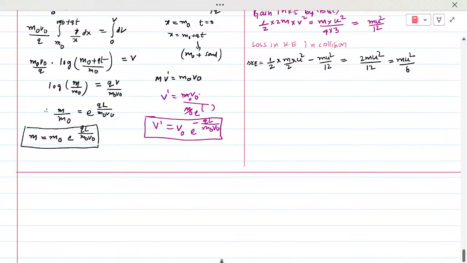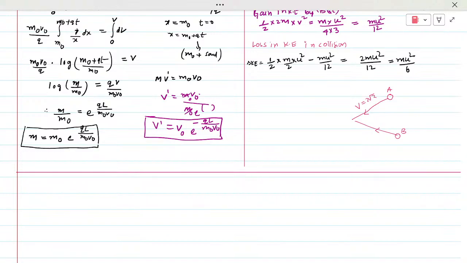Another question. Two identical balls A and B. So this is ball A, identical ball A and B. Those two are coming like this, A and identical ball B. And V is equal to 2 root 3.